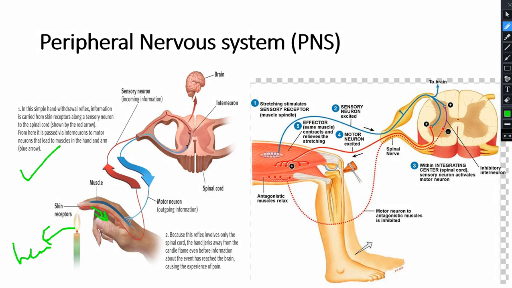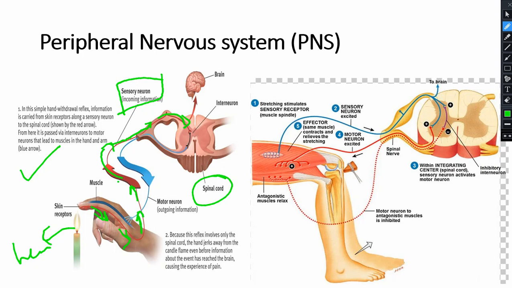That nerve impulse will transfer from the tip of the finger all over the hand, and inside the hand it will pass through with the help of the sensory neuron. The sensory neuron will transfer this message to the spinal cord.